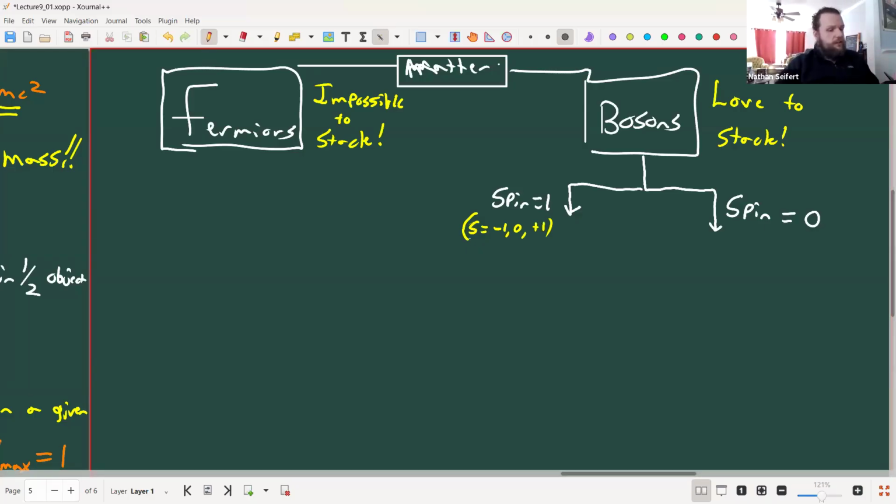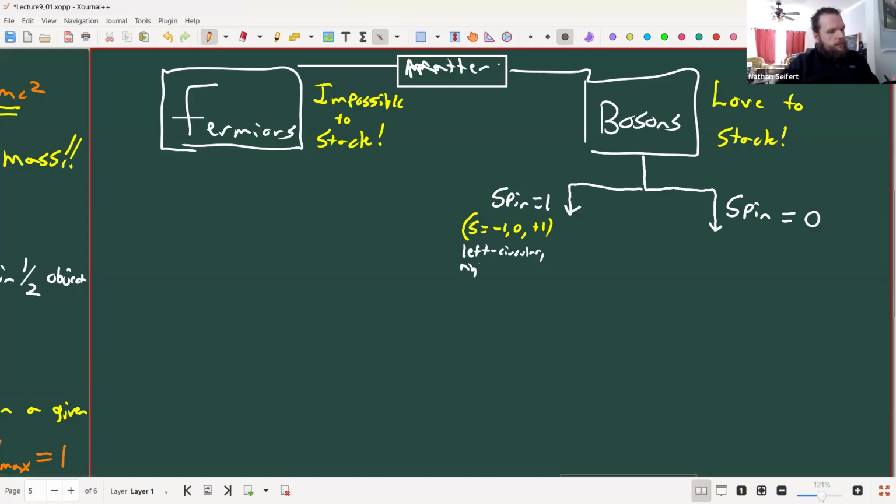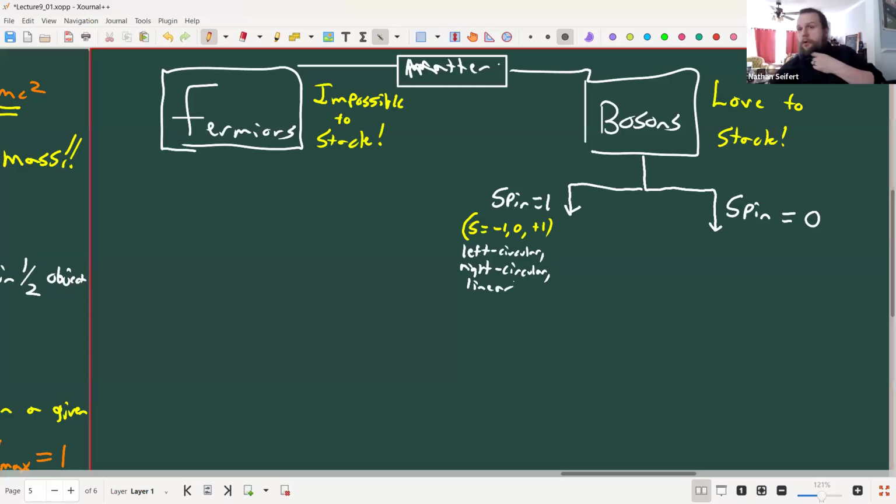Light has 3 polarizations. There's left circular, right circular, and linear. If you've ever had circularly polarized sunglasses, you have an appreciation for this. Circularly polarized sunglasses block polarized light and let linear light in, which blocks the UVs and so on and dims things a little bit.